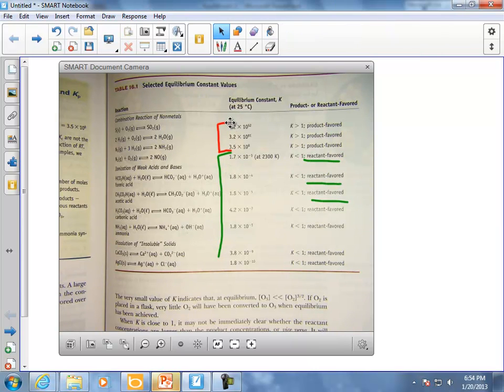So the large numbers are because you have a lot of product, because it's a product favored reaction, and the small numbers are so small because you have a reactant favored reaction. Equilibrium values, as you can see, change depending on which of the two reactions is more dominant.